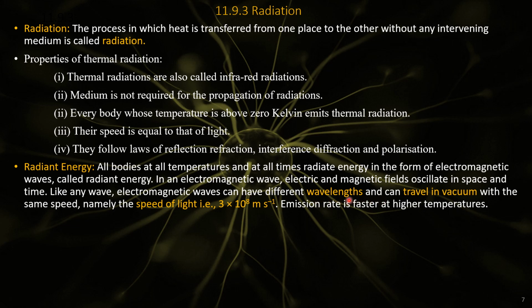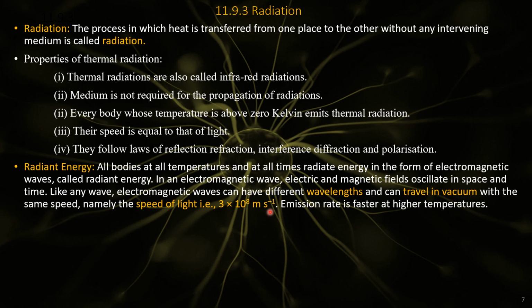Electromagnetic waves have different wavelengths and travel in vacuum, that is, at the speed of light. The value of the speed of light is 3 into 10 to the power of 8 meters per second. You will study more about electromagnetic wave propagation in class 12.